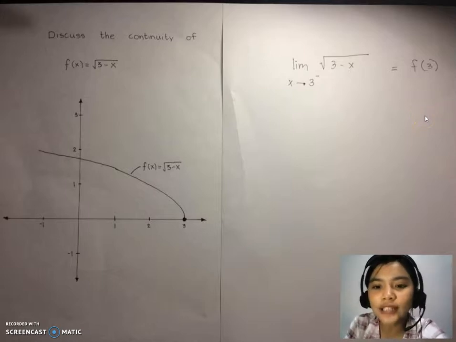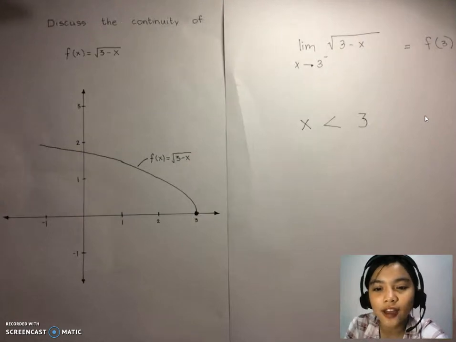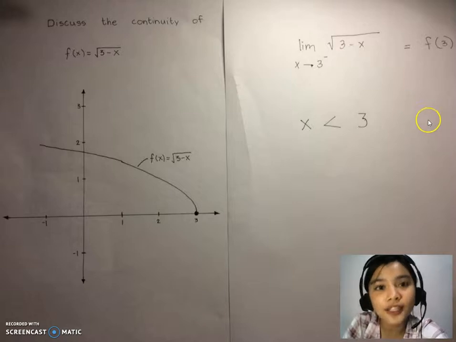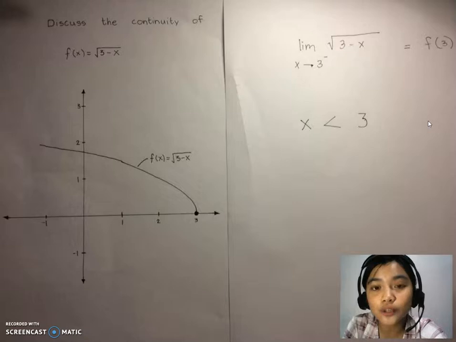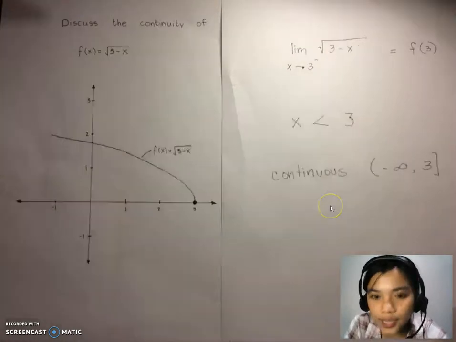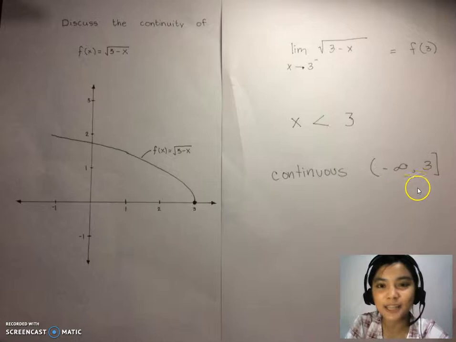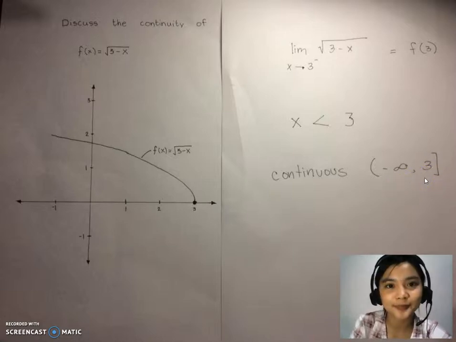And for all x less than 3, the function f satisfies the three conditions for continuity. So we can conclude that f is continuous from negative infinity to positive 3.